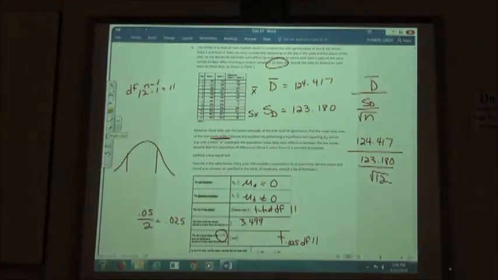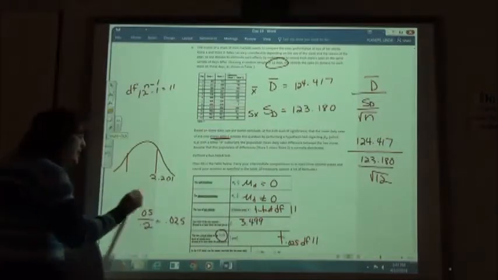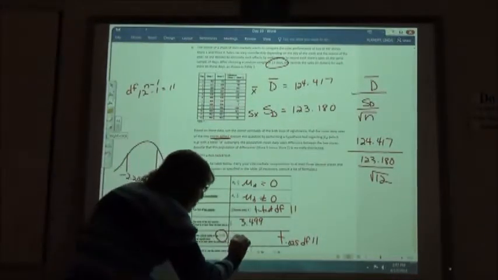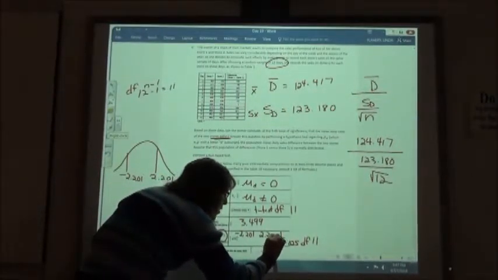Whenever we have the two-tailed test, we're going to divide that by 2. 2.201. So this side is 2.201. This side would be negative 2.201. So negative 2.201 to positive 2.201.